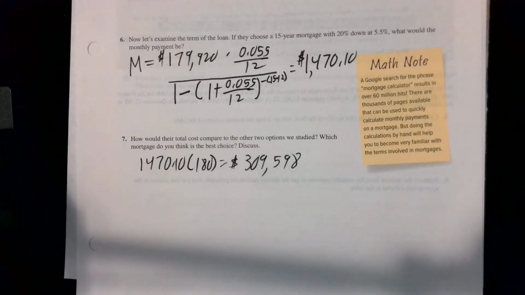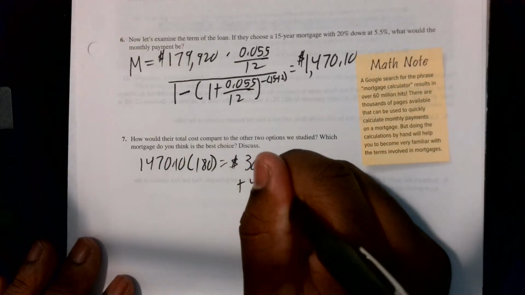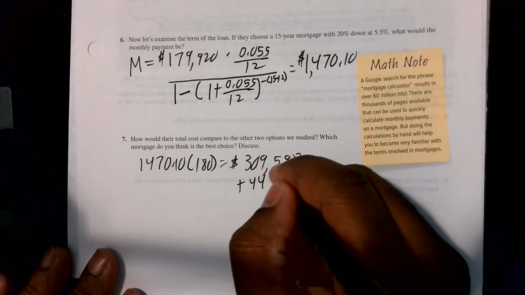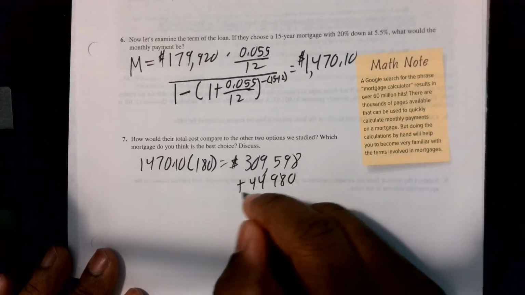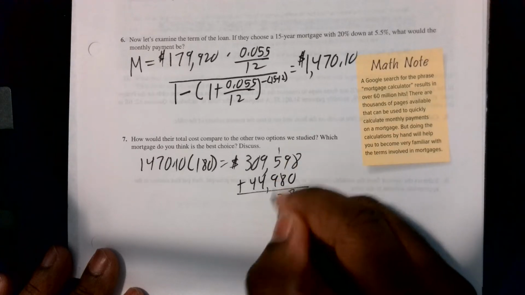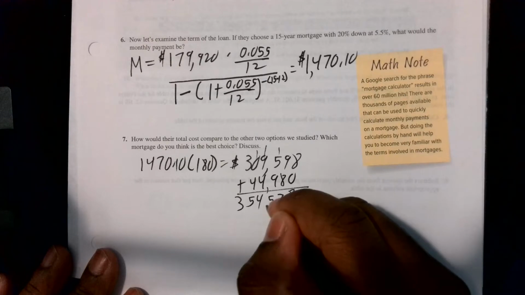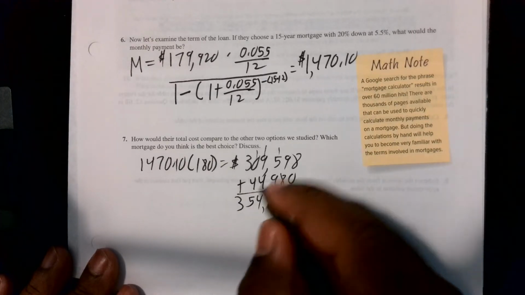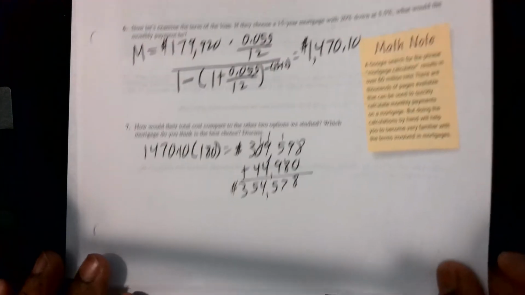So we would add the $44,980 that we calculated back on problem number 18 on page 257. And when we add this, this would be $354,578. This is how much it would be for the 15-year.